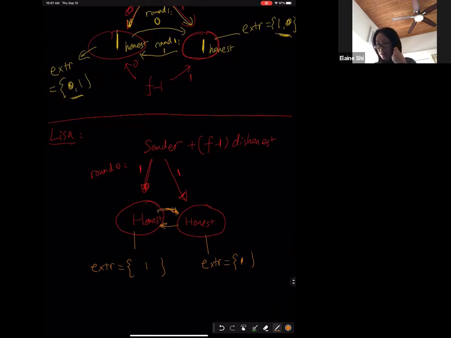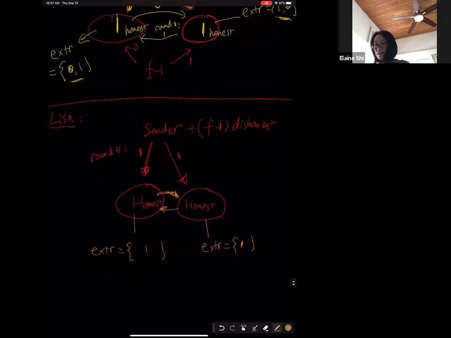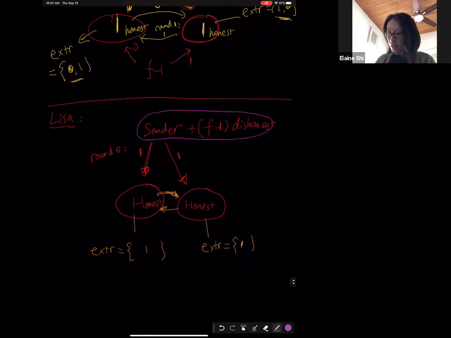Now this continues. And then in the last round, which is round F, there are in total F corrupt nodes, right? So the F corrupt nodes can make F signatures on 0. Now suddenly they will send F signatures on 0 only to the right camp of honest nodes.